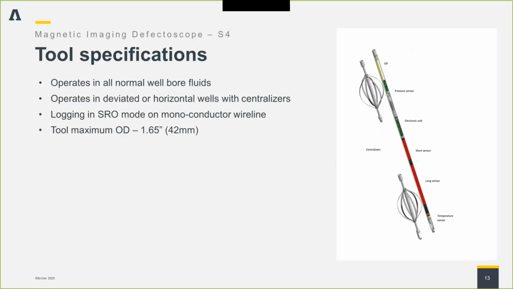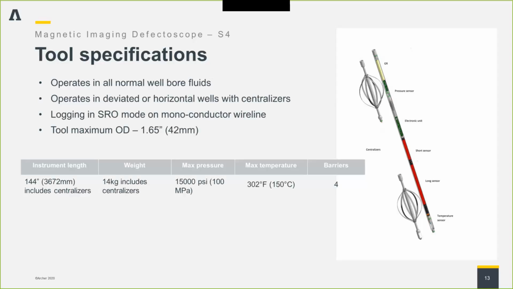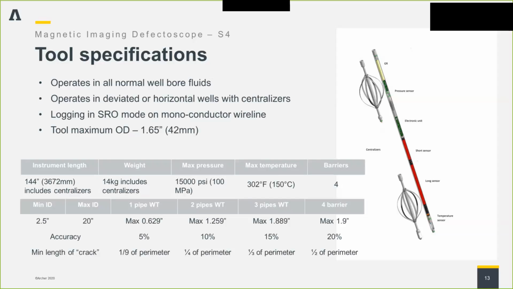The maximum OD is 1.65 inches, so slightly less than 1 11/16, and it's about 3.6 meters long in total, including the centralizers, and is very light at 14 kilos. The maximum pressure is 15,000 psi and 150 C, and this will do 4 barriers. The operating envelope is from 2.5 inches up to 20 inches, and the total thickness of metal that we can accurately measure depends on how many barriers there are.